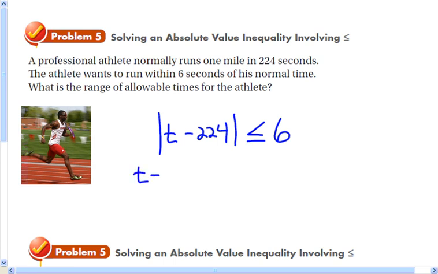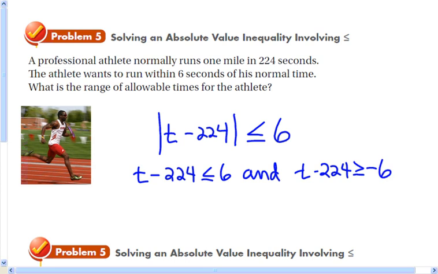So my t minus 224 can either be less than or has to be less than or equal to 6, and t minus 224 has to be greater than or equal to negative 6. So you can see the 2 possibilities here. We might have a negative number or we might have a positive number.